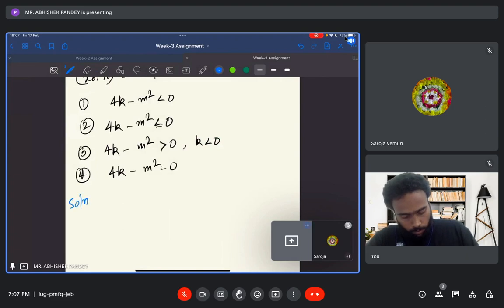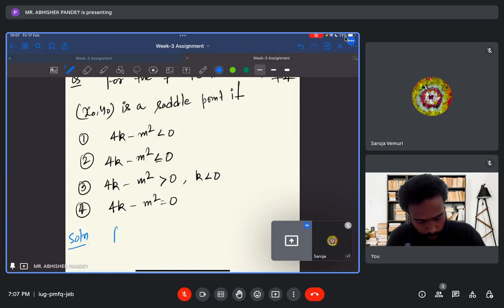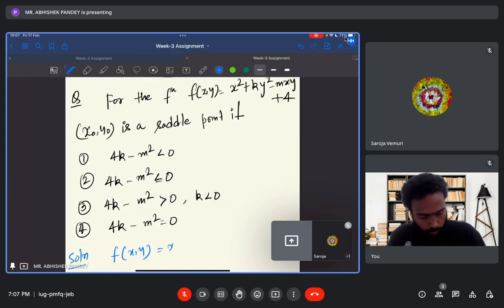Okay, so for the saddle point, first we need to find the derivatives. f of x comma y is x square plus ky square minus mxy plus 4.